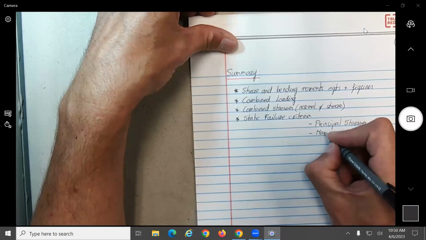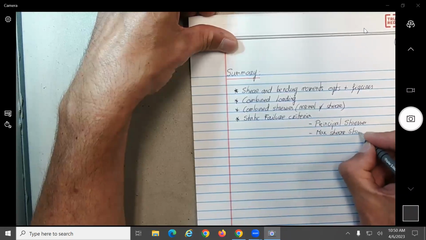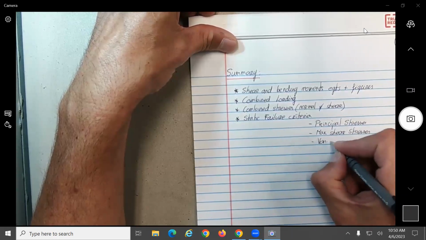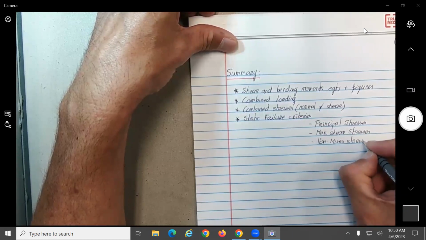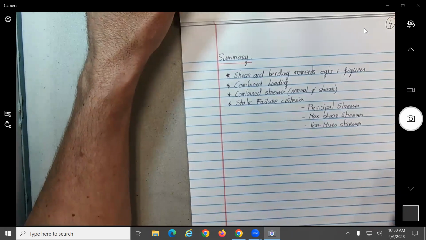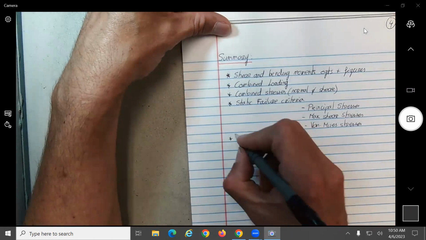The max shear stresses and the volumetric stresses. And finally, what have we done?